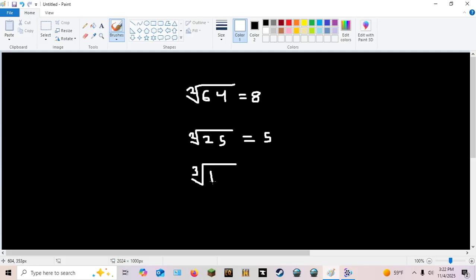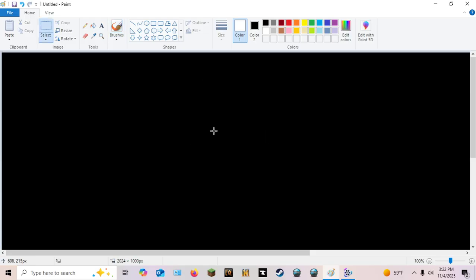The cube root of 1000. We already know the exponent, which is 3. Now, what cubed gives us 1000? 10. It generates three zeros. Now, logarithms are like finding the exponent.